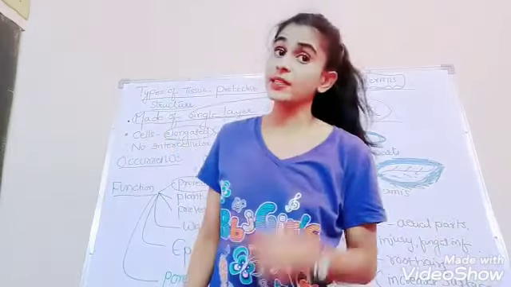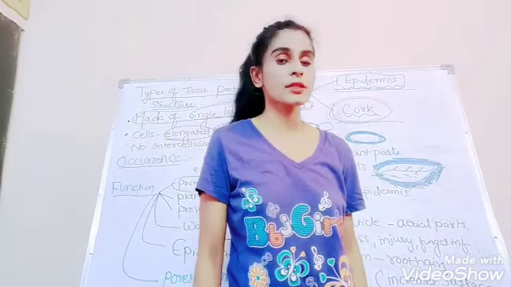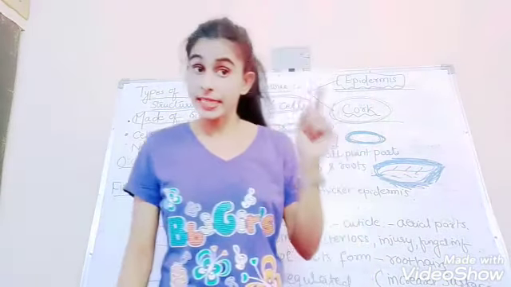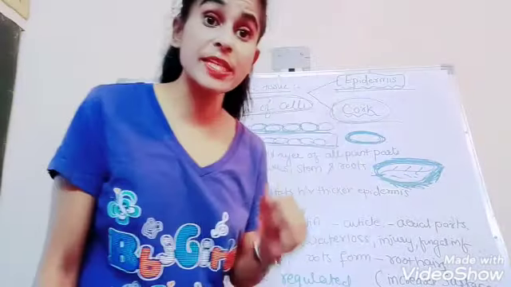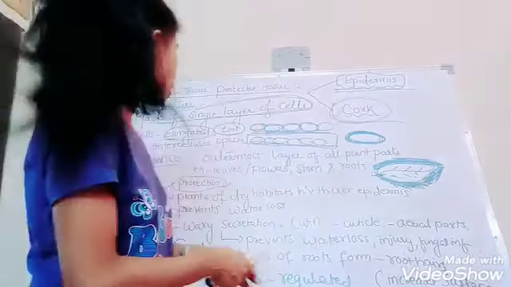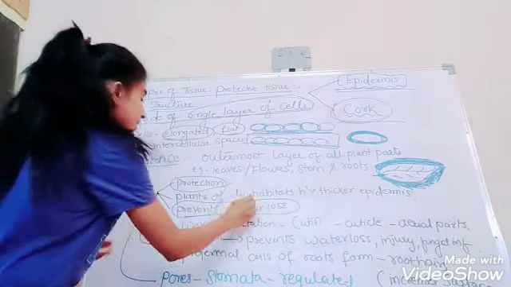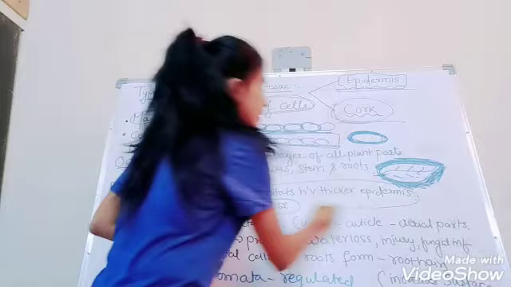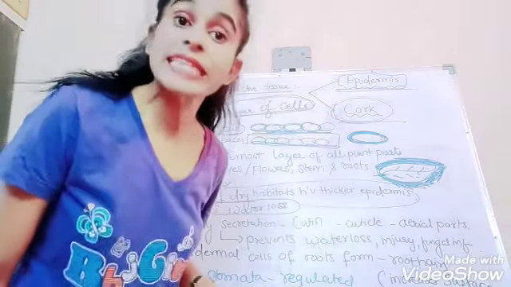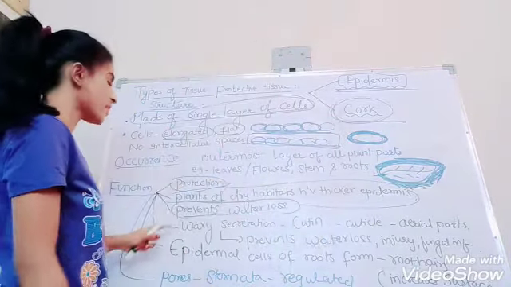It is the main work of the epidermis to prevent the loss of water, and hence plants growing in dry habitats have a thicker epidermis to prevent the loss of water.